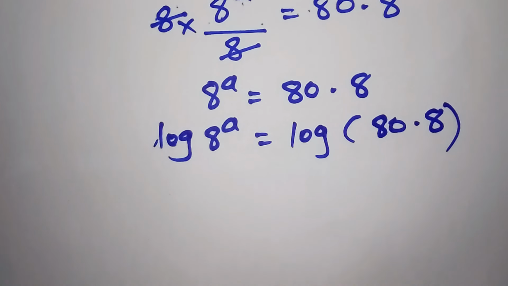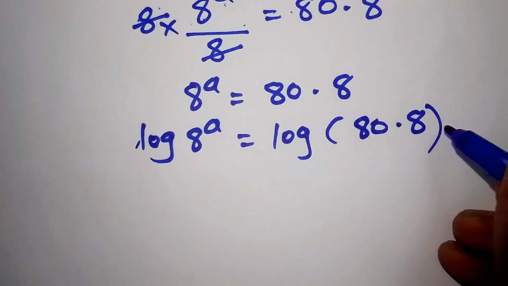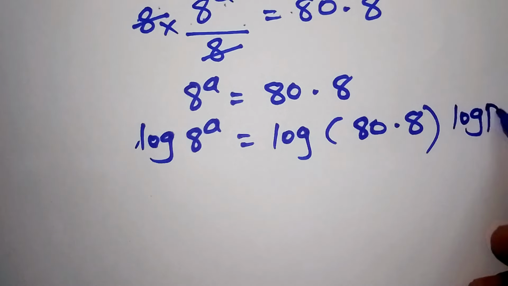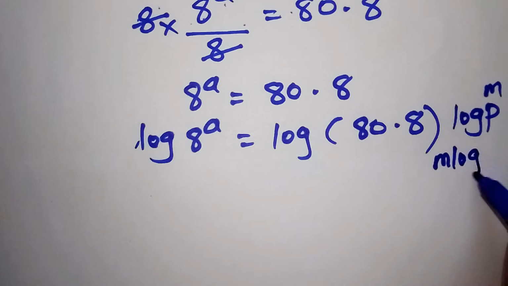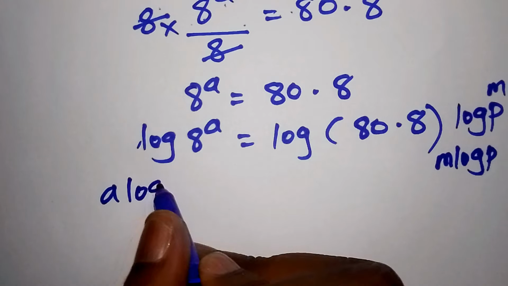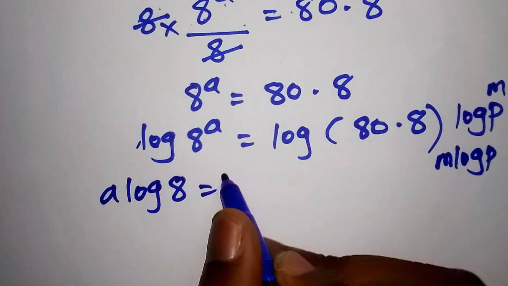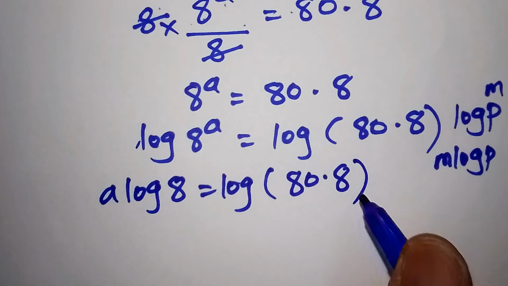From here we shall say that when you have, for example, the log of p to the power of m, this can be written as m times the log of p. So here now we shall have a, the log of 8 is equals to the log of 80 multiplied by 8.